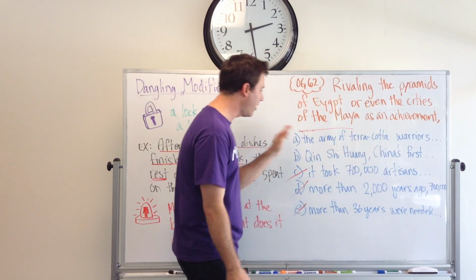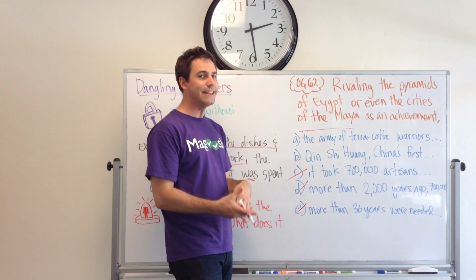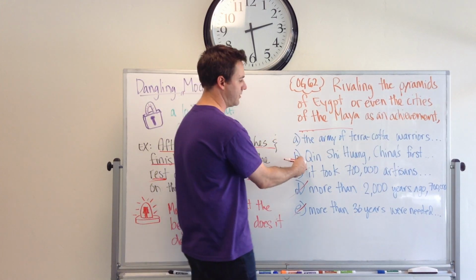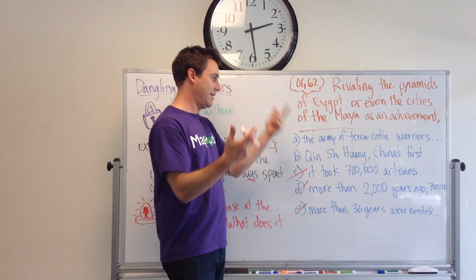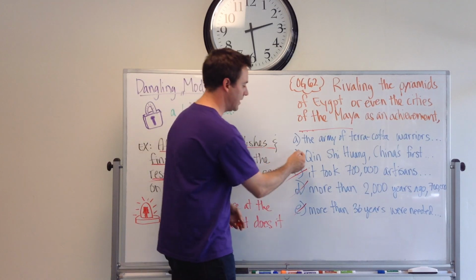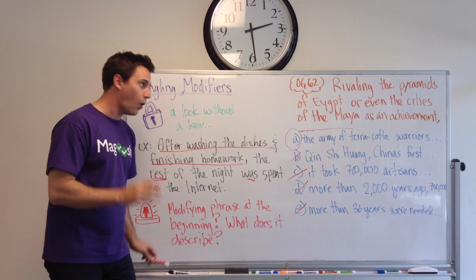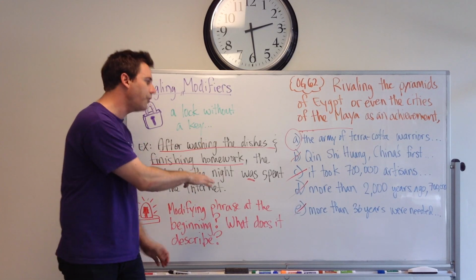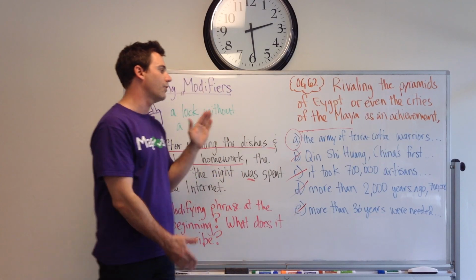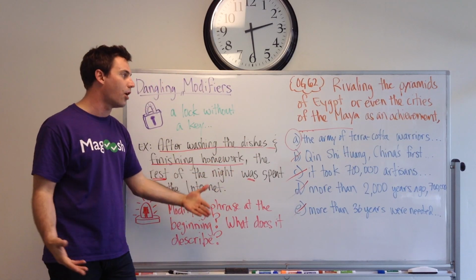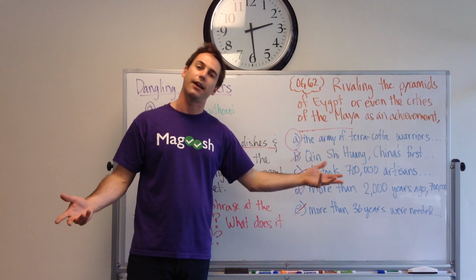China's first, or the army of terracotta warriors. Well, which one of these things was created? Well, this person was created, but it's a human, and we're not talking about creating people. We're talking about creating a thing, so we can eliminate B and choose A. So, with this whole question, there are other errors that obviously occur here, but just knowing about dangling modifiers and how they could be wrong allows you to quickly eliminate four answer choices and find the right answer.